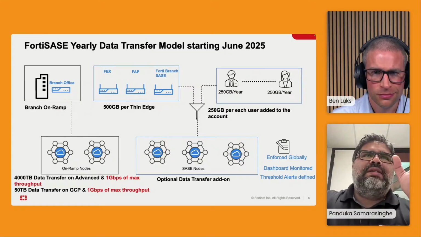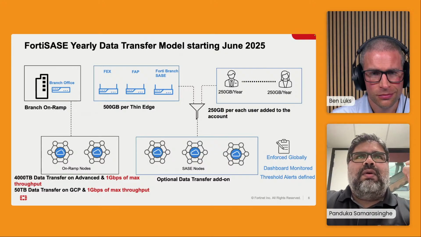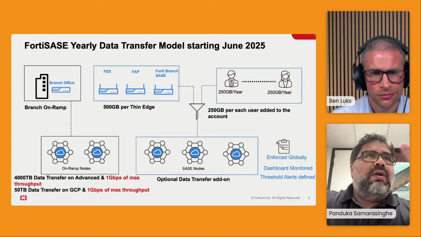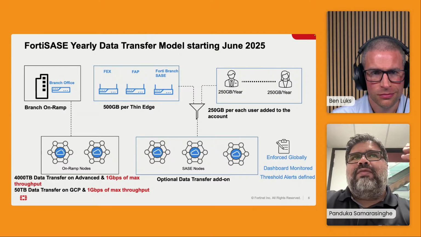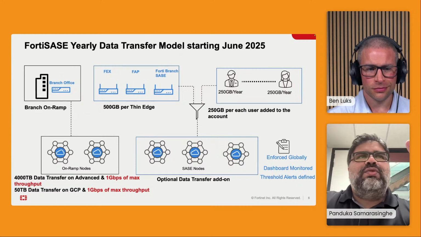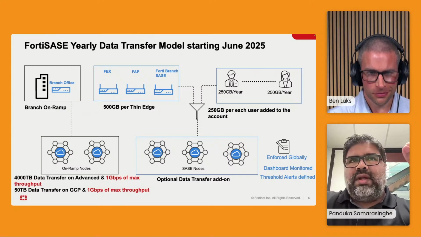The same applies for the thin edge use case, which could be via Forti access point, or we have these other devices that are purpose built for SASE called Forti branch SASE, or you could use a Forti extender. Whenever you connect from one of these as the thin edge use case, you will add 500 gigabytes of data per year per device, right?